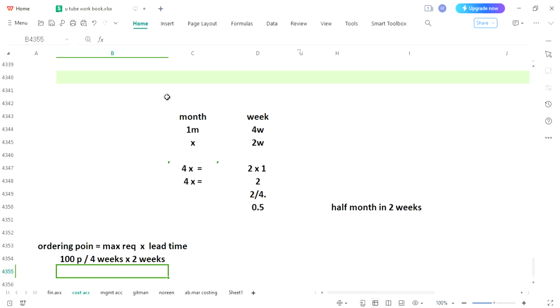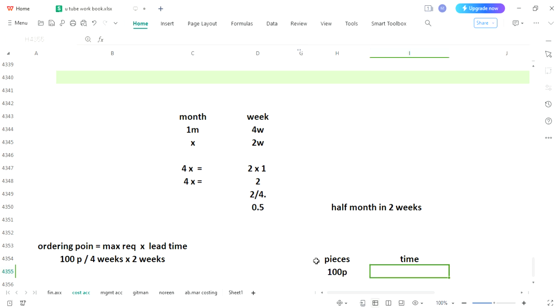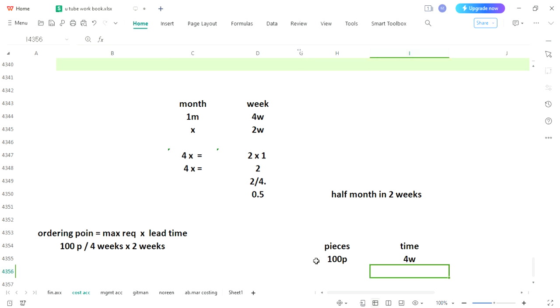Similarly, you can calculate our required element. From here you will have pieces, and you will compare it with time. For 4 weeks we have 100 pieces, and you want to know how many pieces for 1 week.